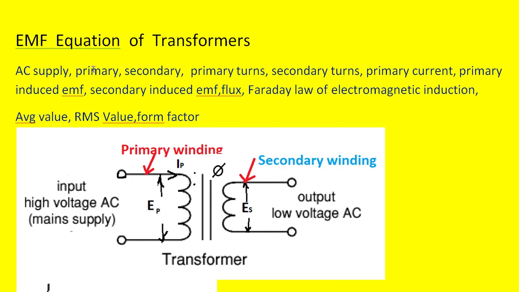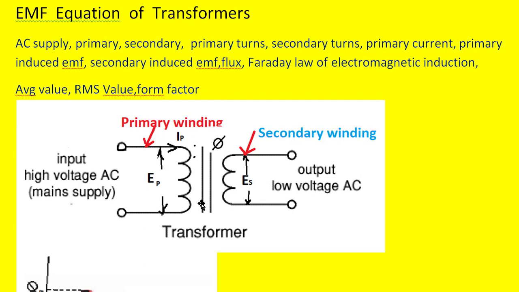One is AC supply, single phase AC supply, primary winding, secondary winding, primary turns, secondary turns, primary current, primary induced EMF, secondary induced EMF, flux, Faraday's law of electromagnetic induction, average value, RMS value, form factor. So these are the key terms which are used here to derive the EMF equation of the transformer.